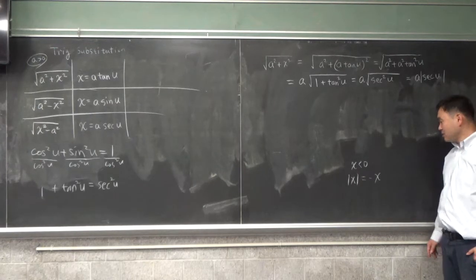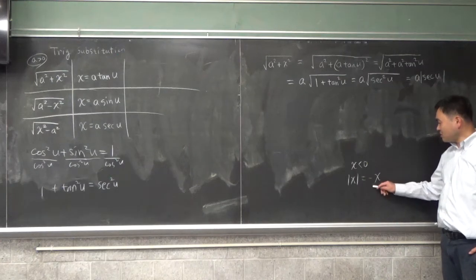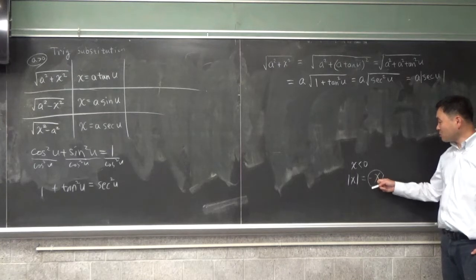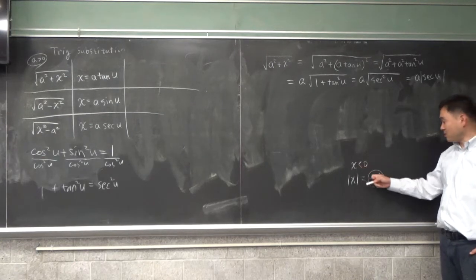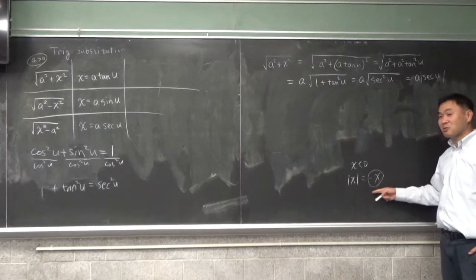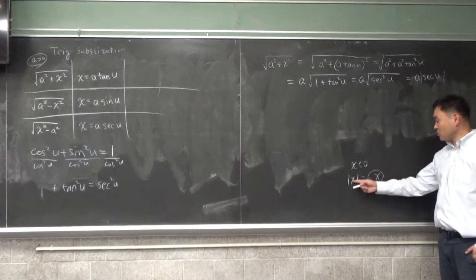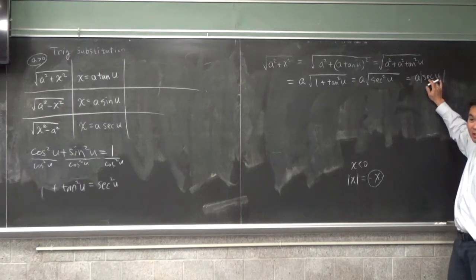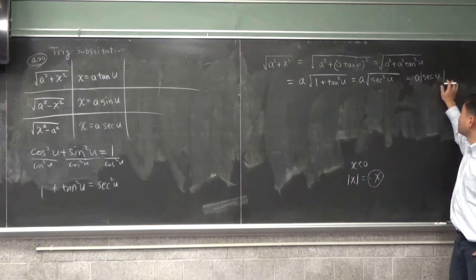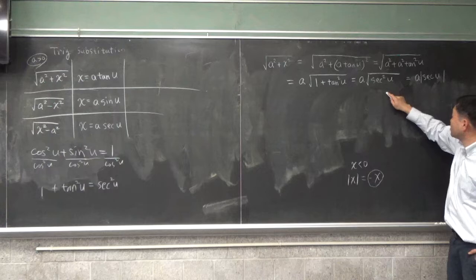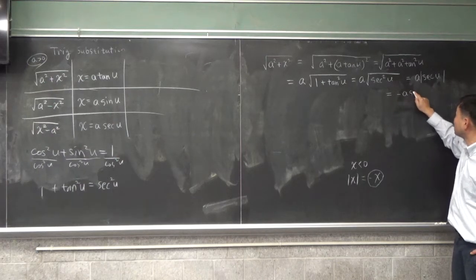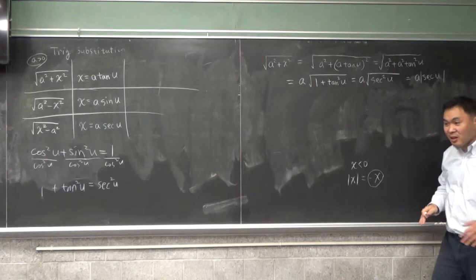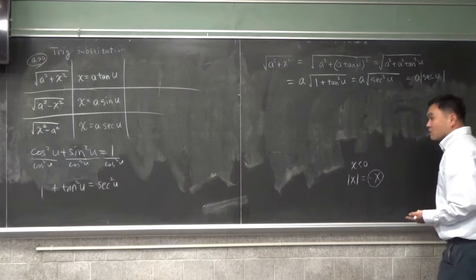Actually, no, that doesn't make sense. Yeah, because this is deceptive. Is this a positive number or a negative number? It's a positive number because we're assuming that x is negative. If x is negative, it looks like a negative number, but this is actually a positive number. So this is true. So in this context, if secant u happens to be negative, then this absolute value can be swapped by putting a minus in front. But that unfortunate case won't happen for us, luckily.